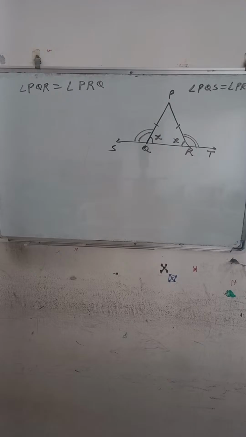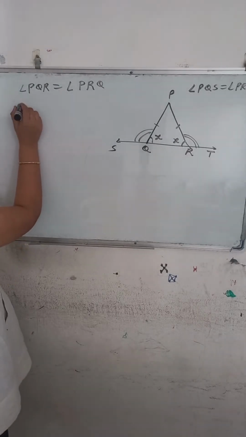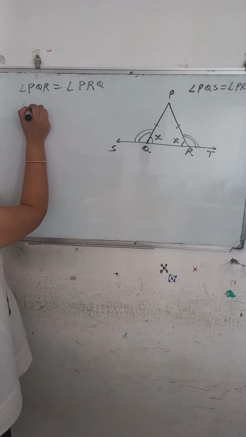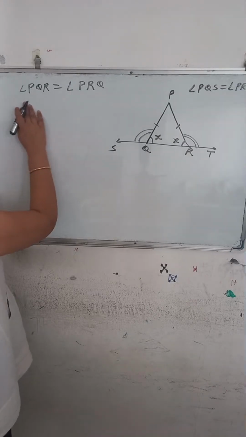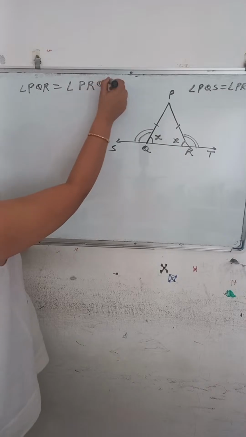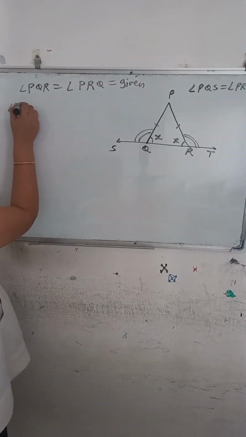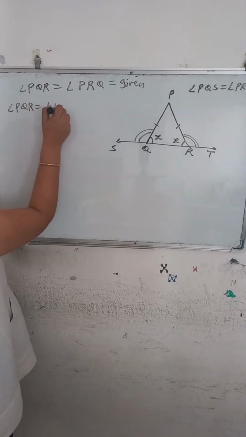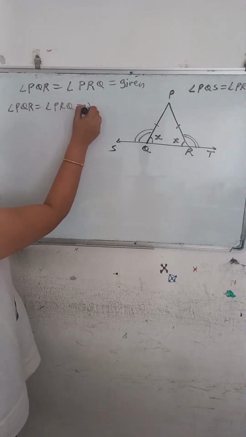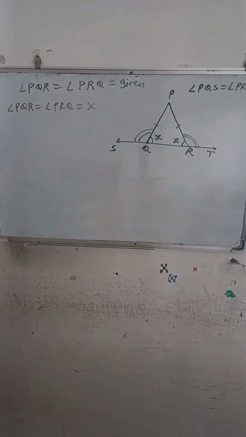So how to show it here? I assume angle PQR and PRQ are given, so I assume angle PQR is equal to angle PRQ as x.